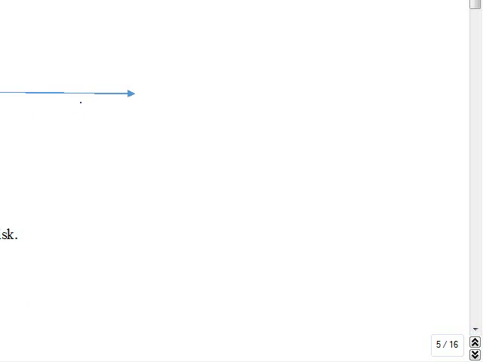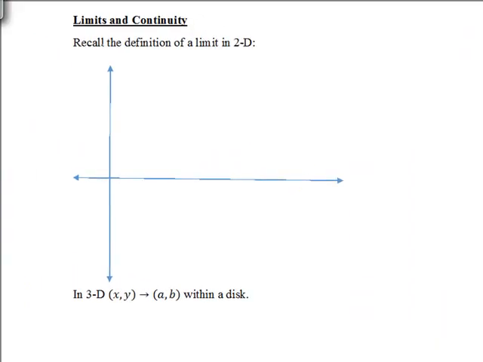Let me remind you what it is. Let me just draw a diagram, okay? So this is your y and this is your x-axis. Let's draw a function. Let's call it y equals f of x.